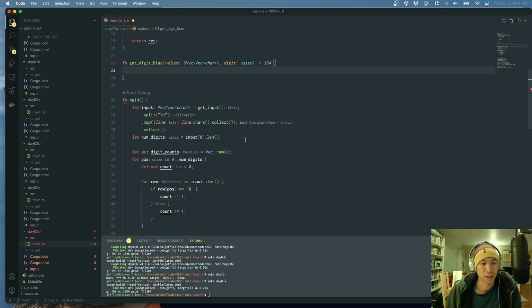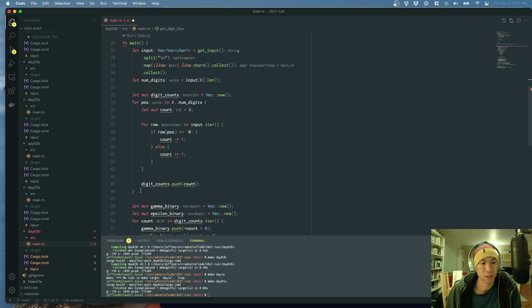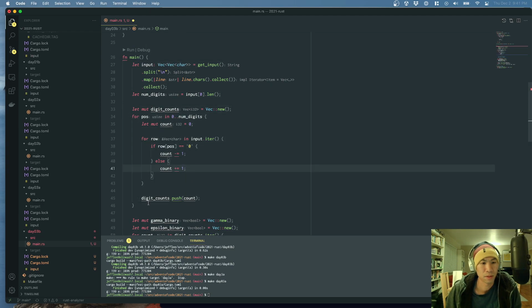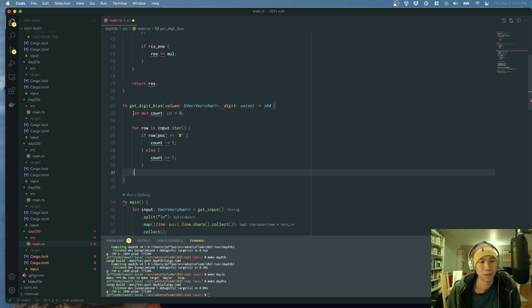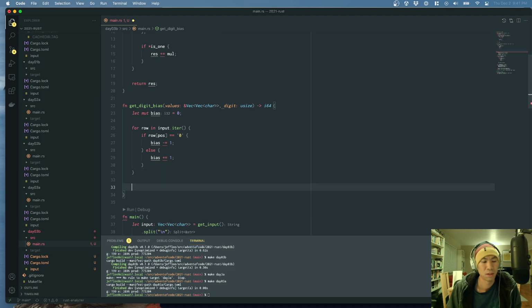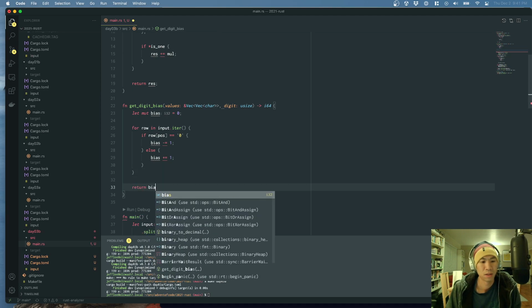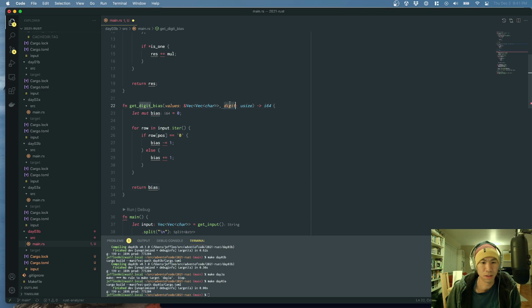Okay, and that's going to end up looking a lot like what we did here, except we're not doing it for the outer loop. We're just doing this interior loop. So I think it's just this. And let's call it pause here.